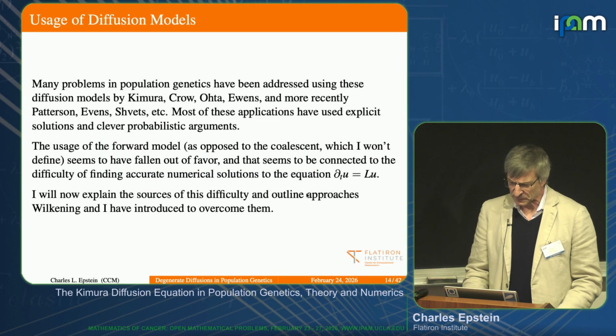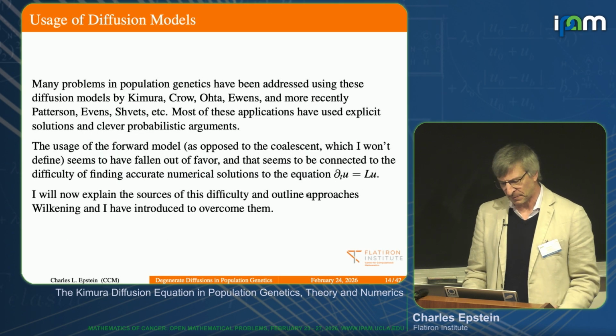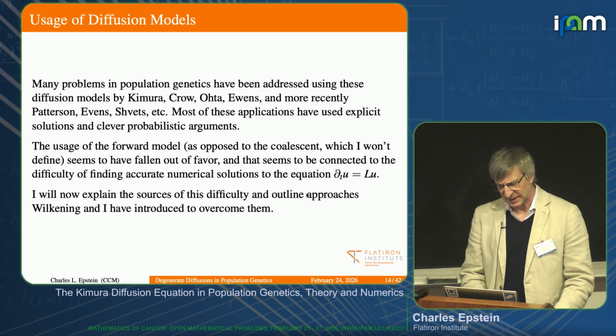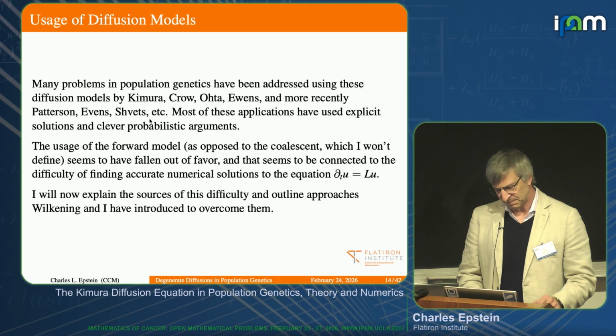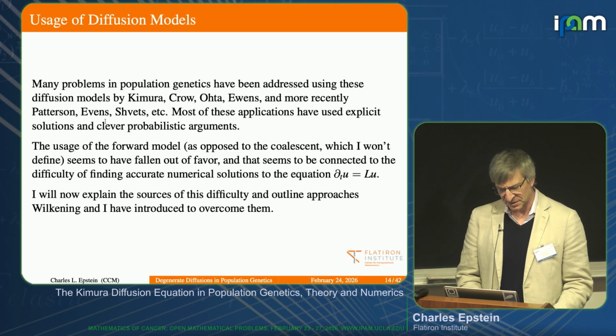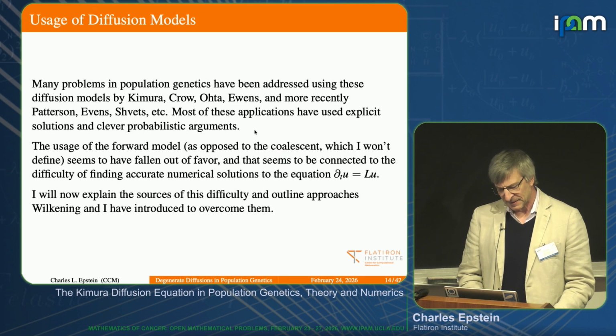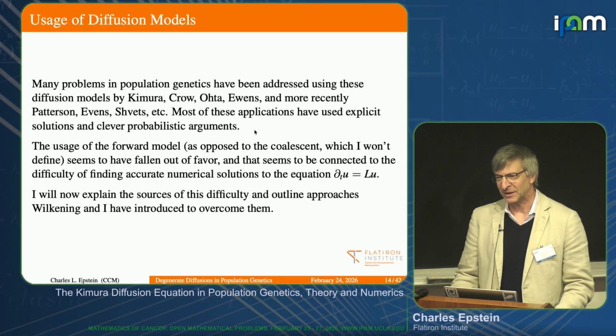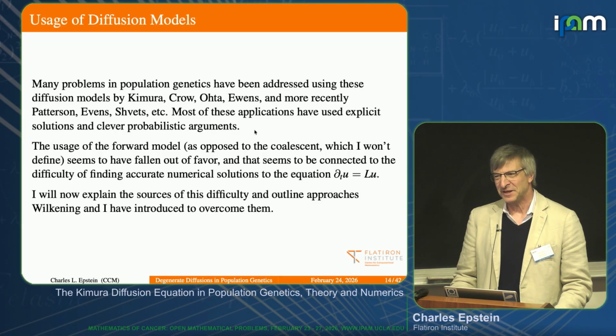A lot of problems in population genetics have been addressed using these diffusion models: Kimura, Crow, Ota, Ewens, and more recently Patterson, Evans, Schweinsberg, and so forth. I got interested in this because I heard a lecture about 10 or 15 years ago about the percentage of human genetic material that comes from Neanderthals.